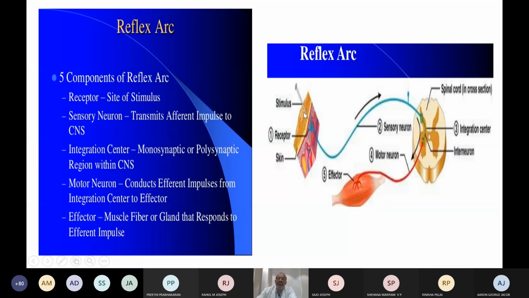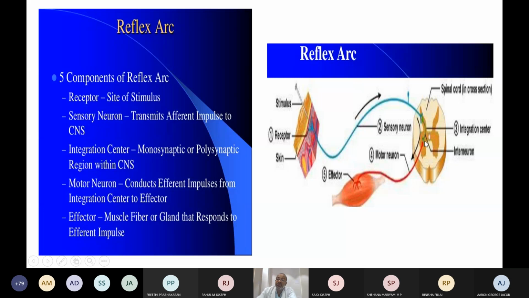Yes, so you are going to have the stimulus. Stimulus is perceived through the receptor. Receptor is generating the signal. Signal is carried through the sensory nerve, and it is being brought to the appropriate part of the spinal cord. From the spinal cord, it is being brought to the appropriate part, that is called the integrating center.